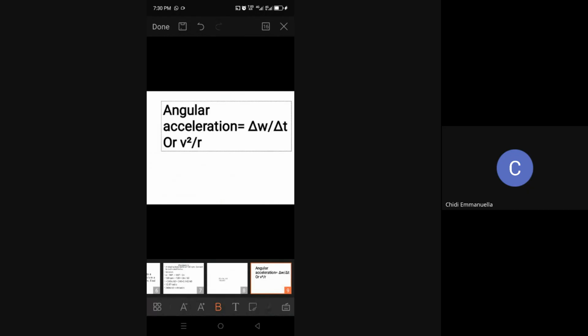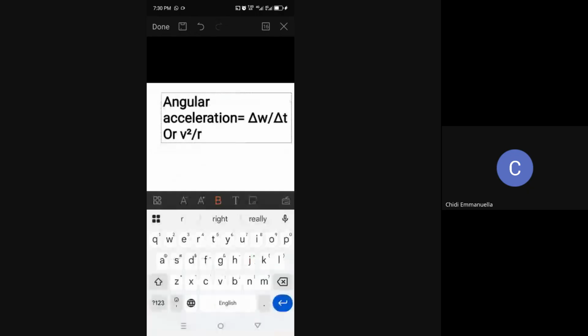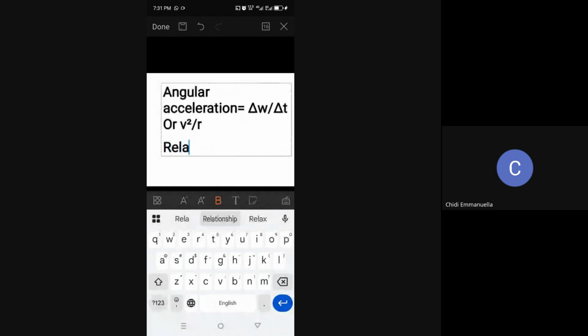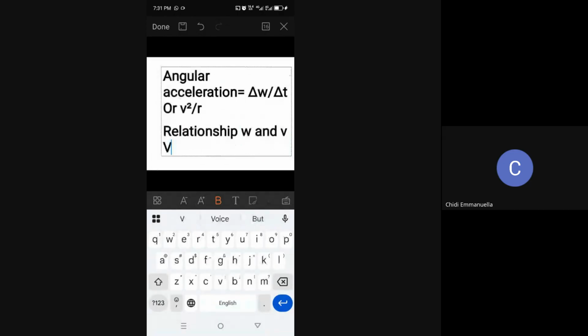So that brings us to the relationship between angular velocity and linear velocity. The relationship between them is this: linear velocity is equal to angular velocity times radius. Please don't forget that.